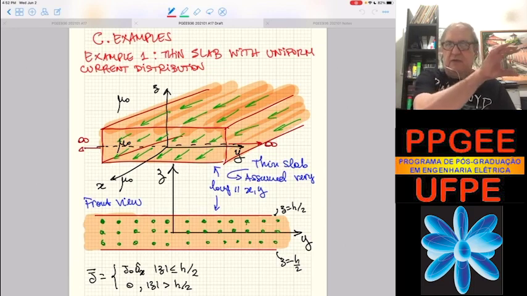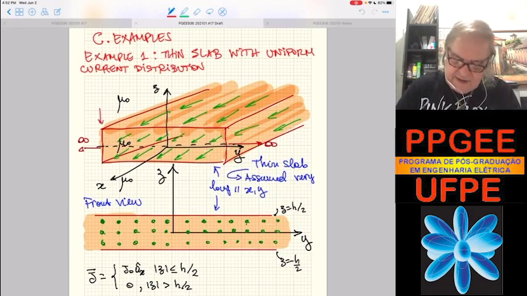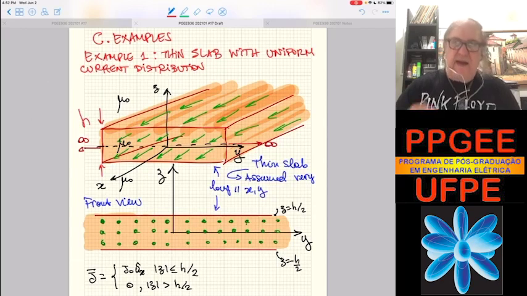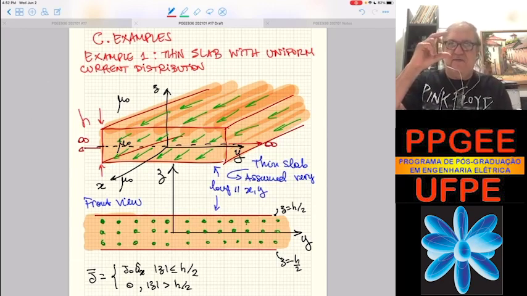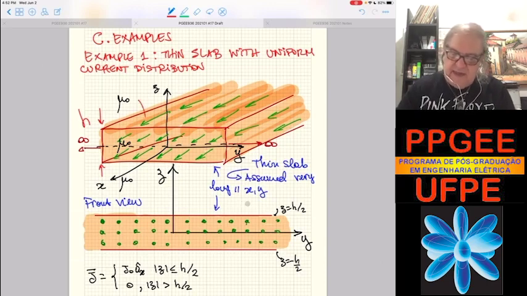So you have a sheet which has a thickness H. On this region of height H, you have a uniform current density given by this function here, which is a constant density along the x direction.